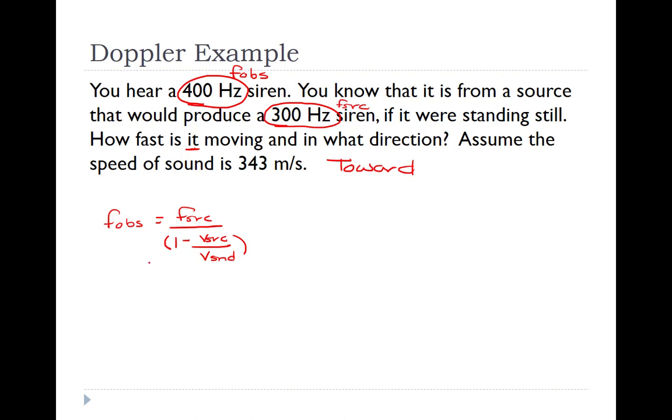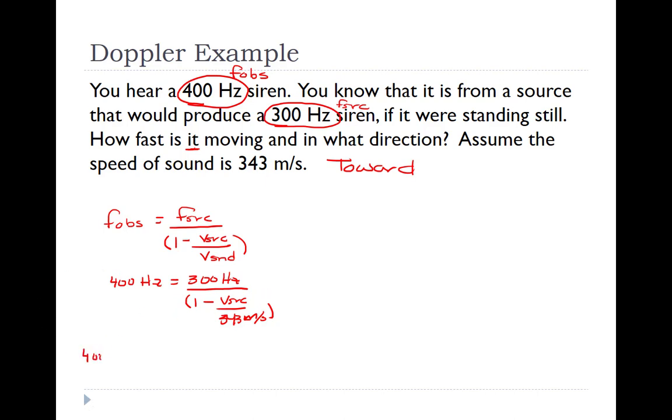So there is a bit of math that has to be done here, a bit more than what we've done in the past. So the observed frequency is 400 hertz. The source frequency is 300 hertz. And I am subtracting 1 minus the speed of the source, which is what I want to find, over the speed of sound, which I'm told is 343 meters per second. Okay, so the first thing I'm going to do is move the denominator up and multiply it by the numerator.